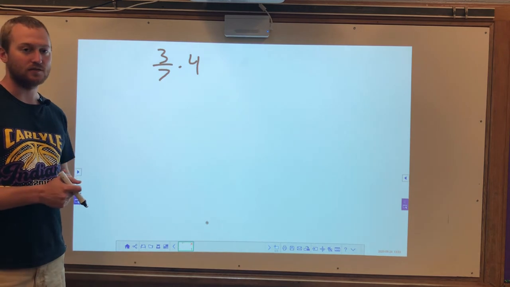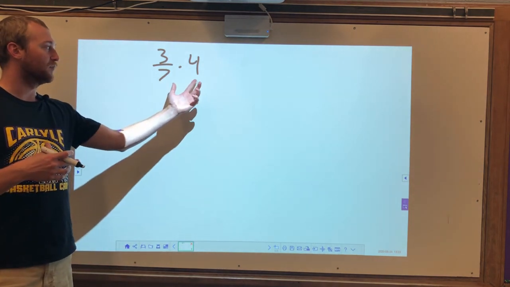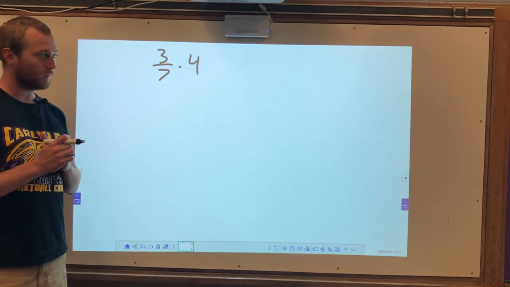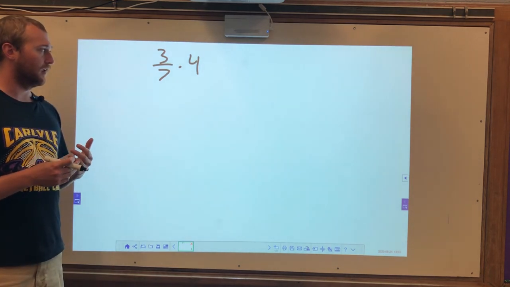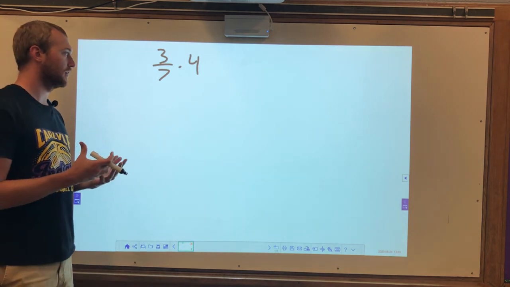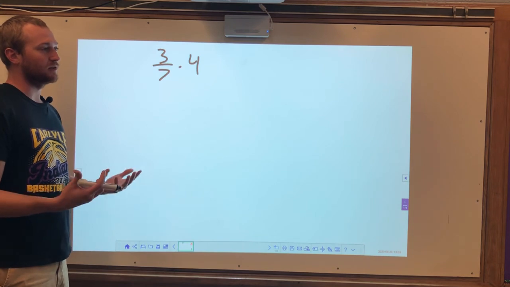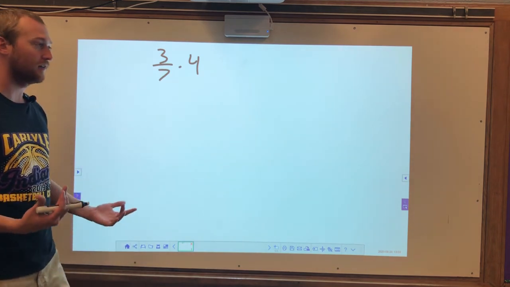How do we do this? There's no numerator and denominator for 4. Well, this is a really important aspect of math where we sometimes have to rewrite what we're working with. And that's what we're going to do here.